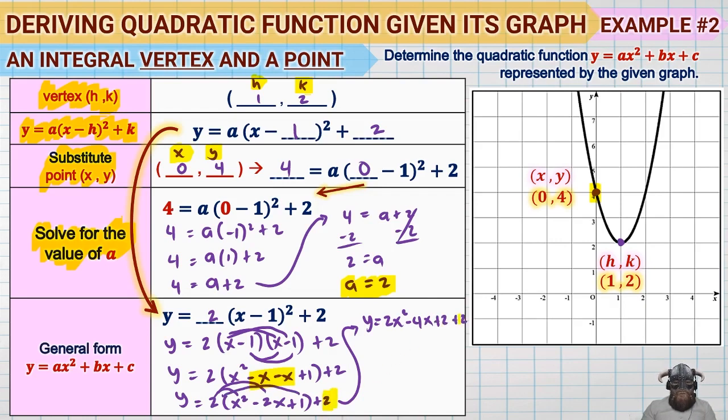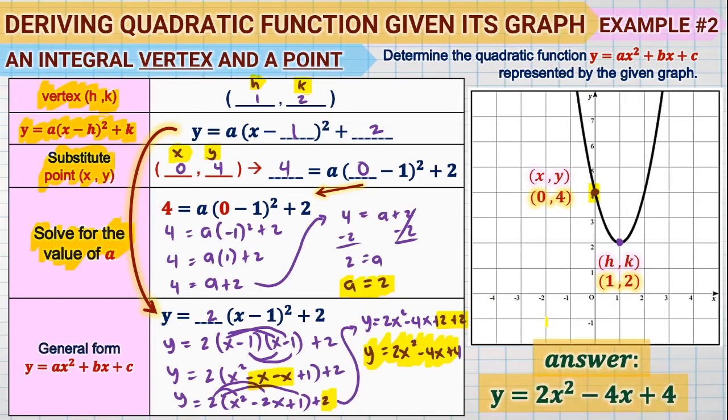Yan, huwag mong kalimutan, may plus 2 ka pa. Simplify mo by adding that 2 plus 2. So, we'll have now y is equal to 2x squared minus 4x plus 4. Yan. Kaya siya naging 4, 2 plus 2. So, this is now our general form. Y is equal to 2x squared minus 4x plus 4.